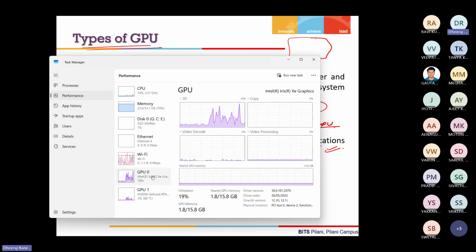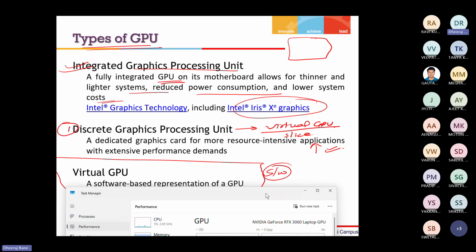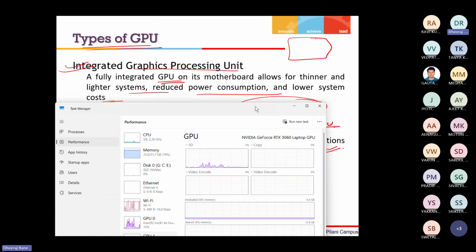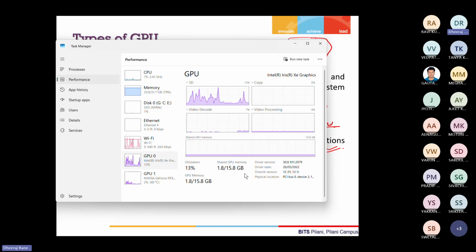One is the Intel Iris Xe graphics, which is 16 GB. And the other one is the NVIDIA GeForce RTX 3060, a discrete graphic processing unit. This is 6 GB, and the earlier, integrated one is 16 GB.